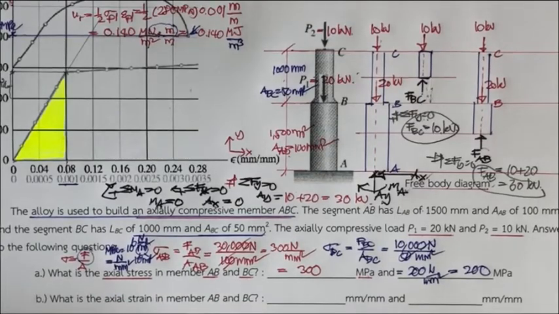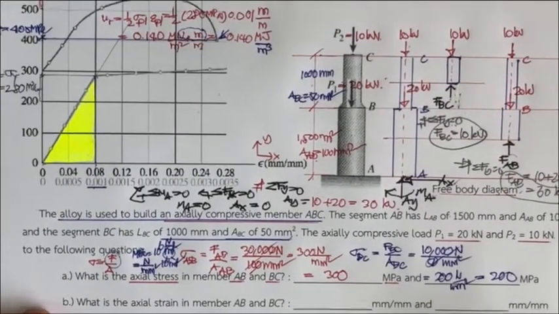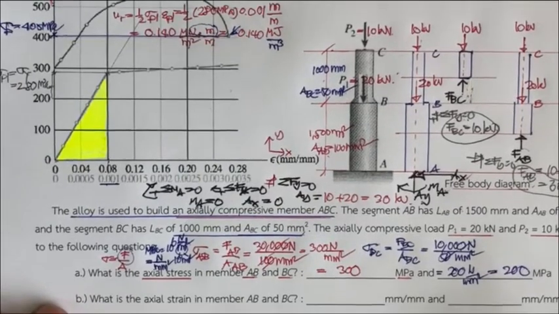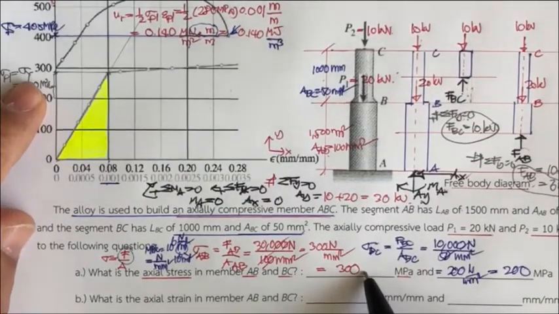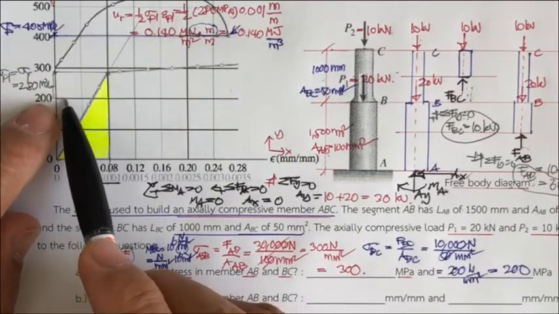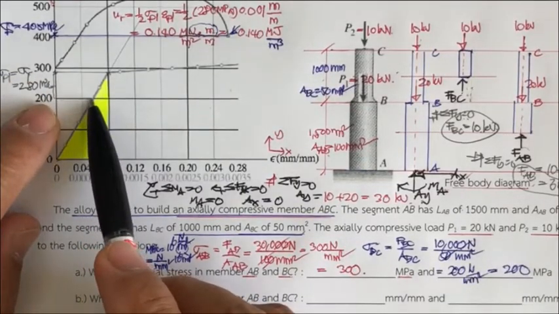Okay, you can classify the behavior of the material based on comparison of the stress with the yielding. If the stress is 200, it's going to be in this region.